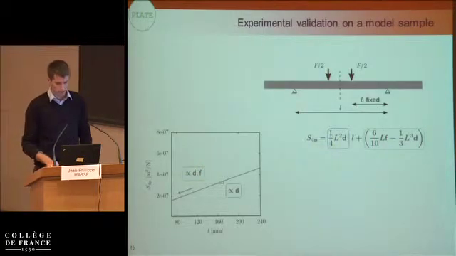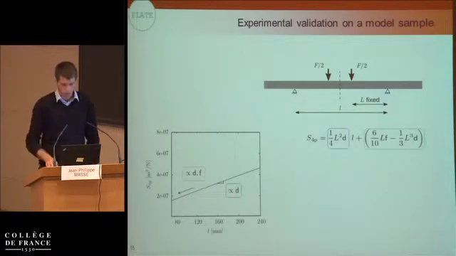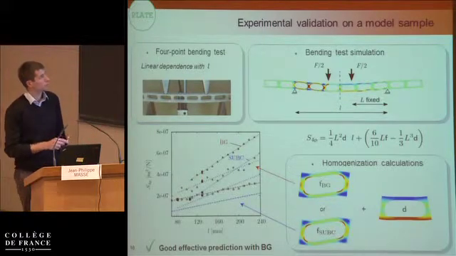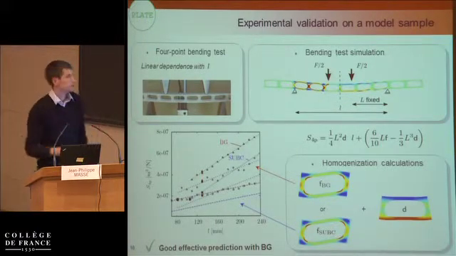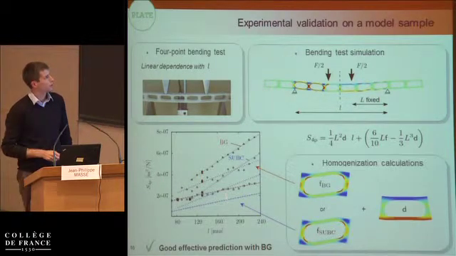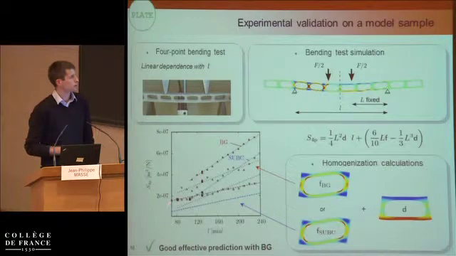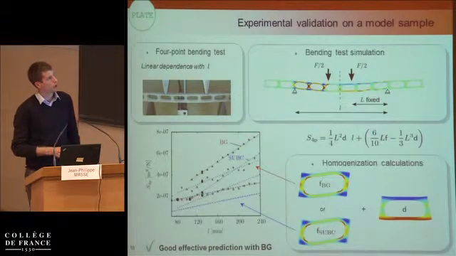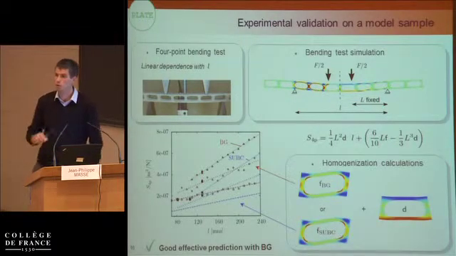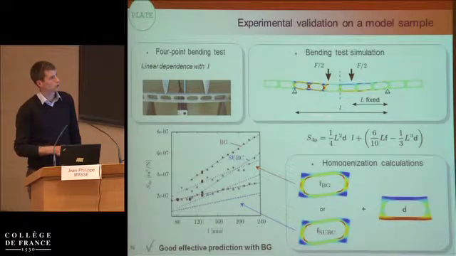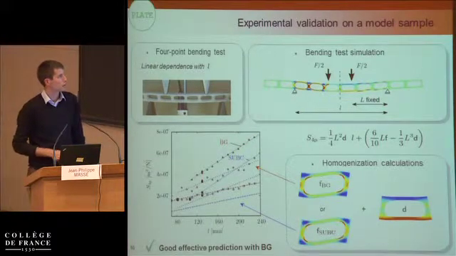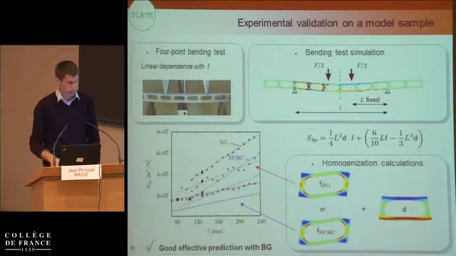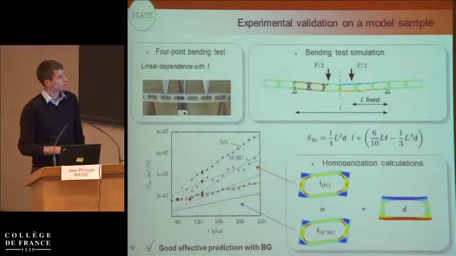Now we've done some experimental validation on 4-point bending tests. We prototyped some architecture geometries. This is one of them, and the black dots are the experiments. We keep fixed the length between the upper indenters and change the lower span. If we plot the 4-point compliance, we have this result for the experiments.